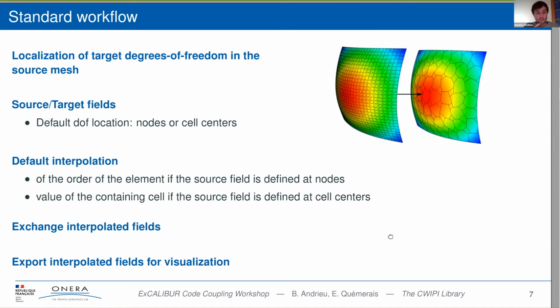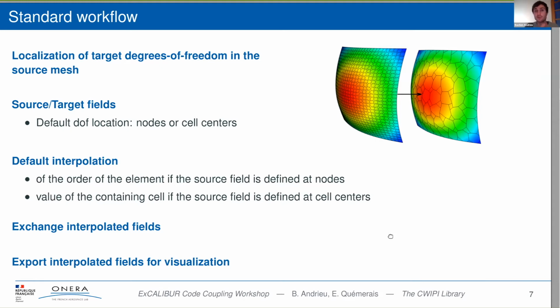By default, the degrees of freedom of both source and target meshes can be located either at the nodes or at the cell centers. And CWIPI comes with a prepackaged default interpolation method.